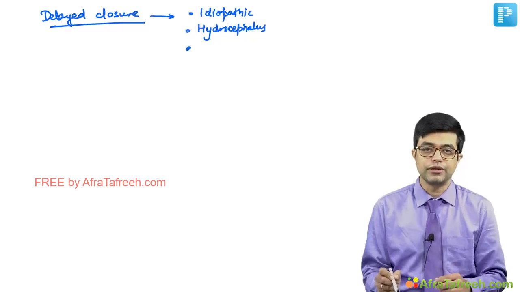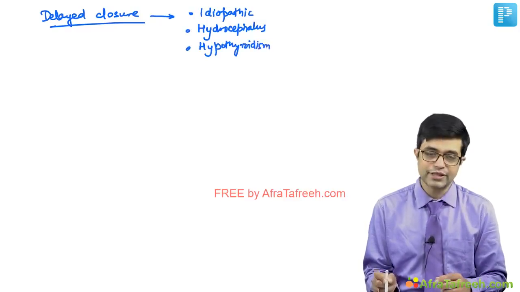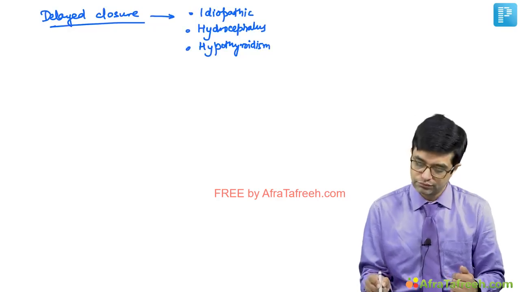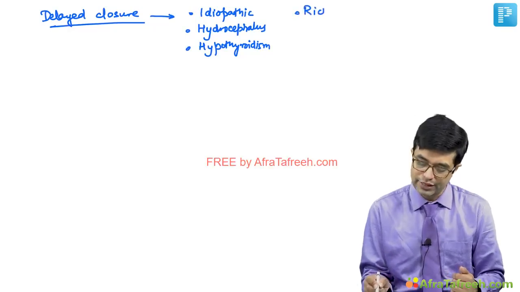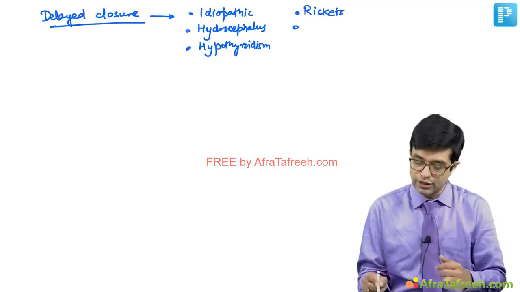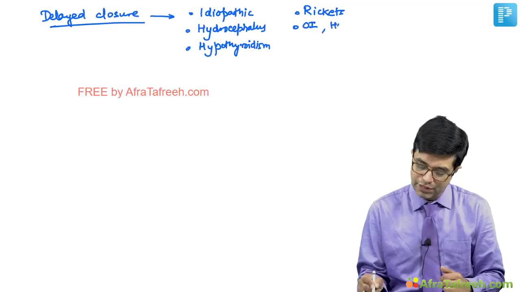If thyroxine is not there, hypothyroidism, that can cause. For closure, sutures have to come and approximate. Bone should grow. If bone is not growing, that can cause delayed closure. So rickets. It can occur in other bony disorders like osteogenesis imperfecta and hyperphosphatasia.